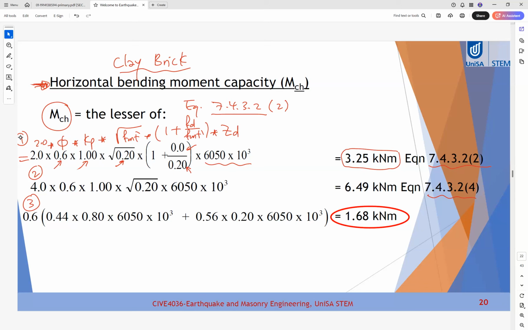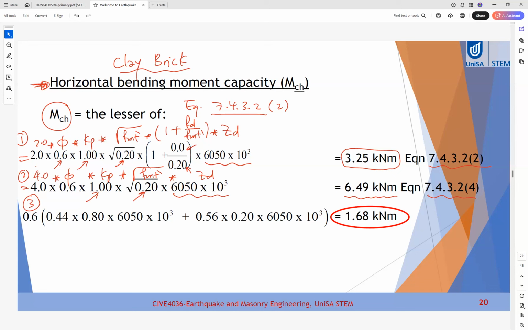The second value is equal to 4 times phi times KB times root FMT dash, times ZD. So this is ZD, FMT dash, KB and 0.6 give us a value of 6.49.